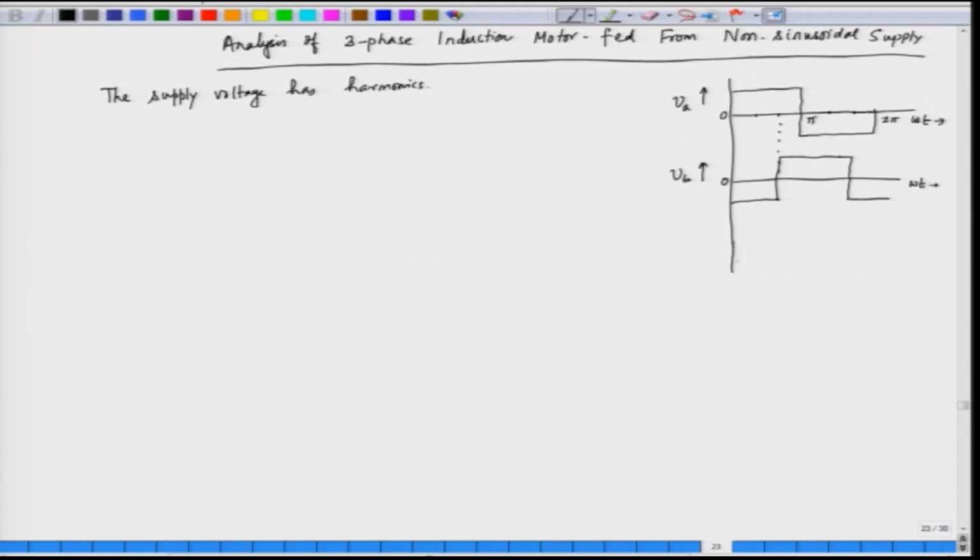What about phase C? Phase C will be shifted from phase B by 120. So, in that case phase C will start from this point. So, this is phase C voltage which will look like this.